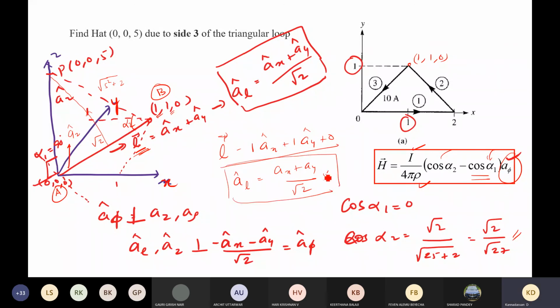Now we have to take the cross product with the AZ vector. If you take the cross product, the result will be the negative of that. Exactly the negative of that will be the perpendicular vector.